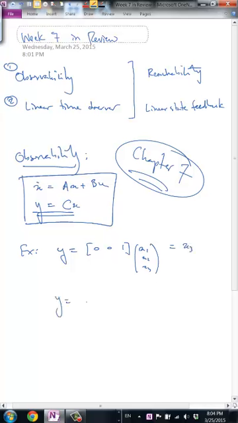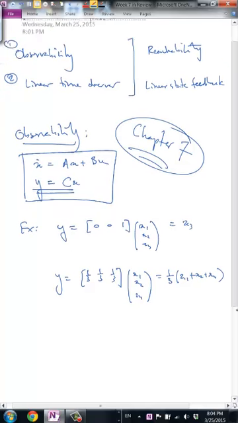Another example might be that y is equal to 1/3, 1/3, 1/3 times x, and what would this correspond to? Well, just multiplying this out, we see that this is really the average of the x's: x1 plus x2 plus x3.